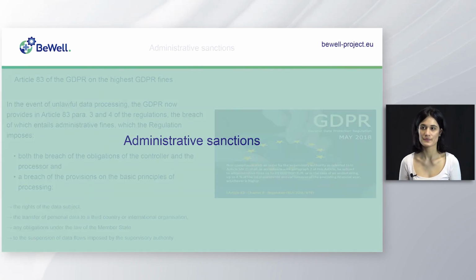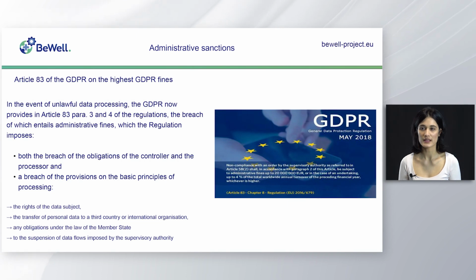Administrative sanctions. If there is one thing that people know about the GDPR, it's that GDPR administrative fines can go up to 20 million euros or 4% of annual global turnover, whichever or both is highest. In the event of unlawful data processing, the GDPR now provides in Article 83, paragraphs 3 and 4 of the regulations the breach of which entails administrative fines which the regulation imposes.